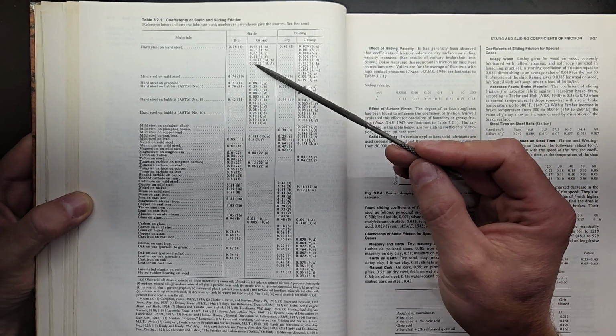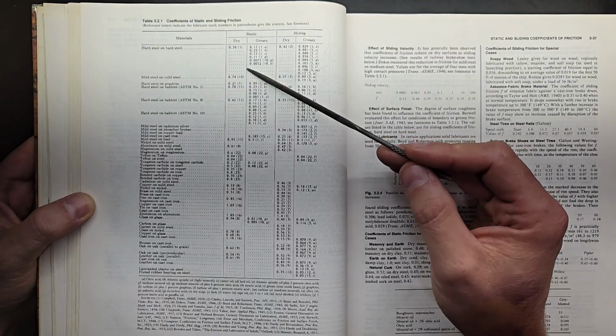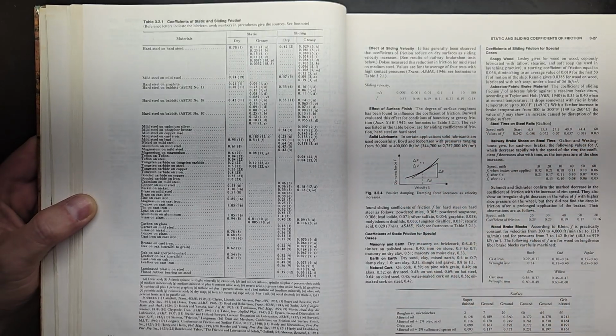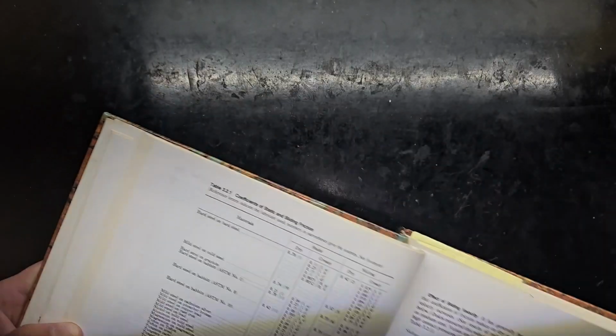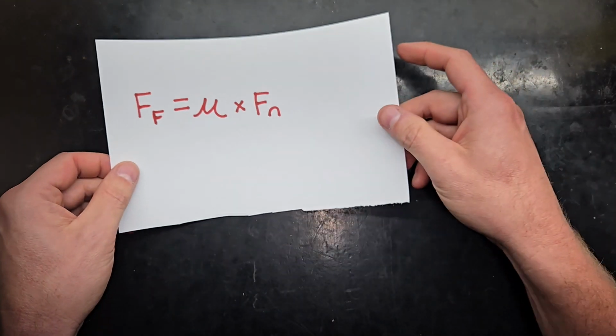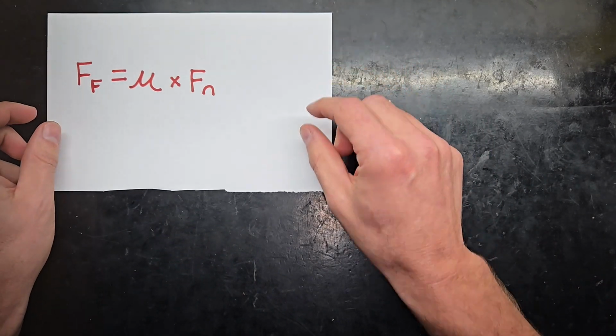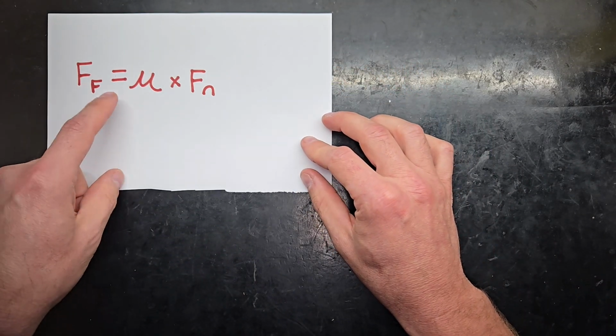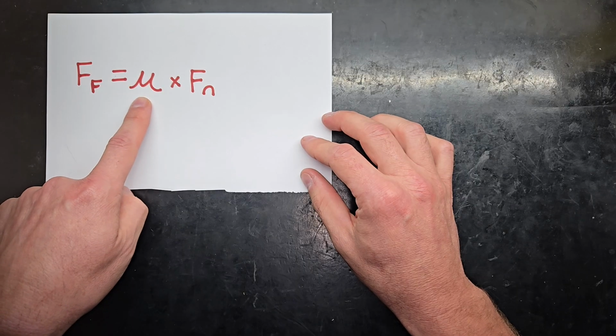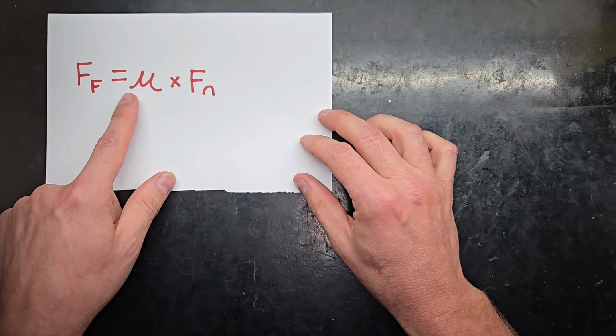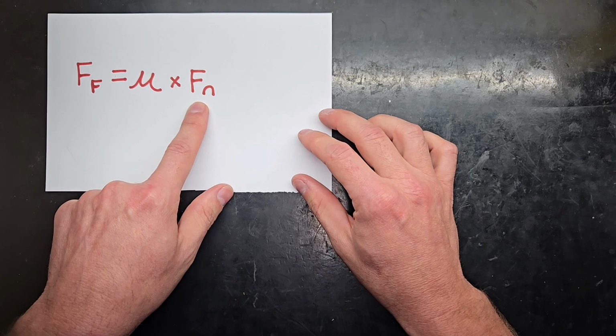What's also important to note here is our coefficient of friction is unitless. That's important when we look back at our equation. So we have our friction force equals unitless coefficient of friction times our normal force.